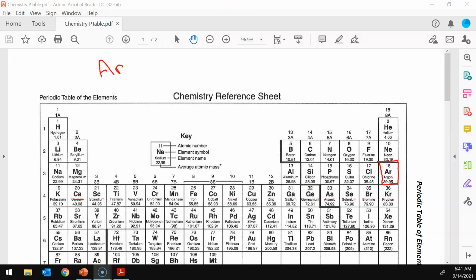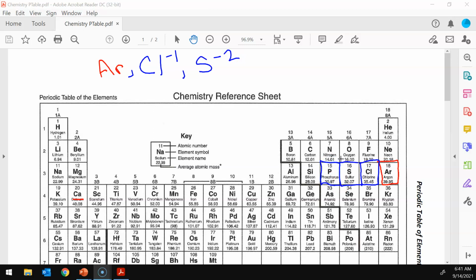So let's take a look at chlorine. Chlorine normally has 17 electrons. To write chlorine with one more electron, it'll be chlorine with a -1 charge. Sulfur normally has 16 electrons. To write sulfur with two more electrons for a total of 18, it'll be sulfur with a -2 charge.